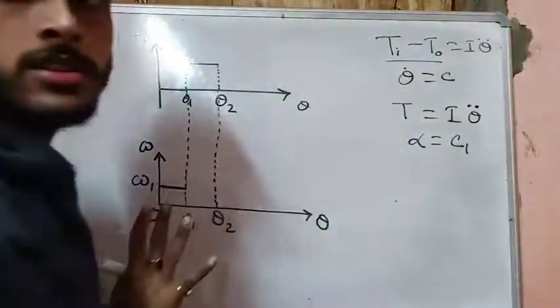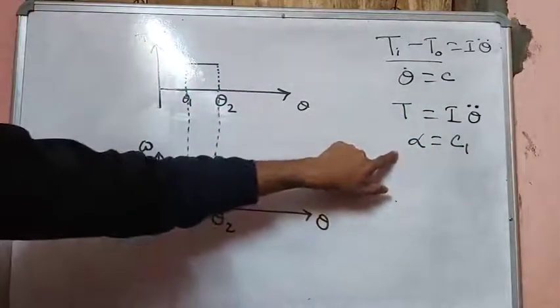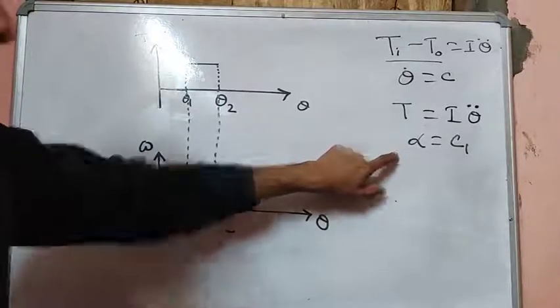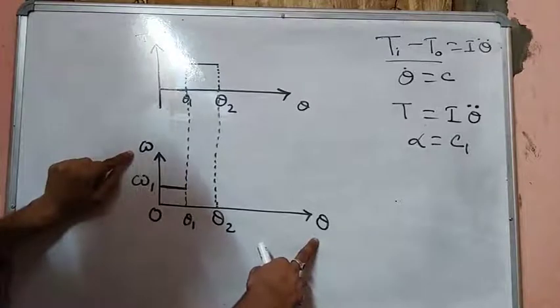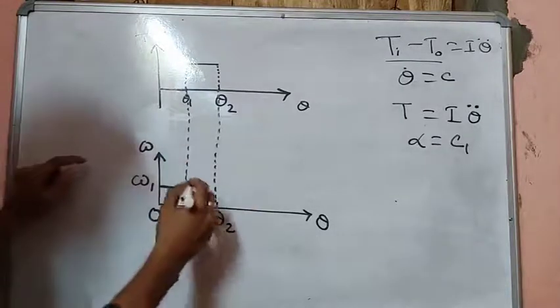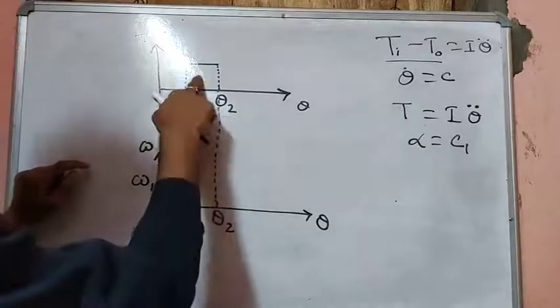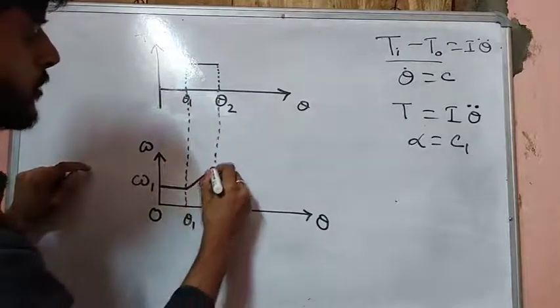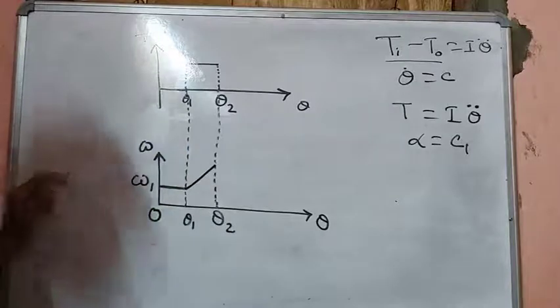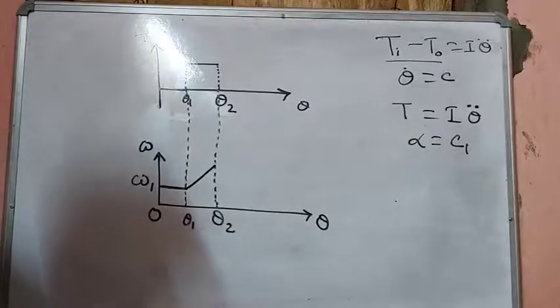This implies that the omega-theta curve will be a straight line with a constant slope. Since this torque is positive, the angular acceleration will be positive, and it will have a positive slope like this.